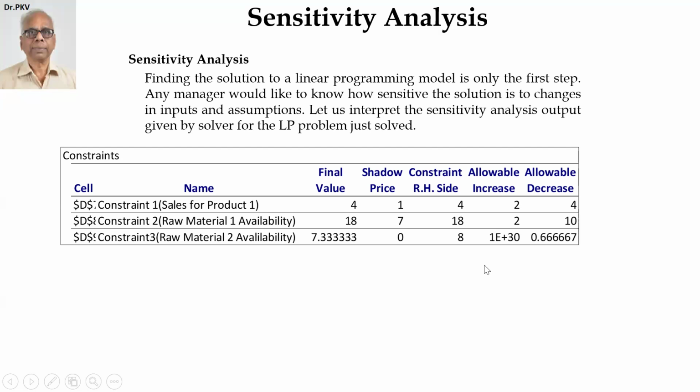The raw material availability can be enhanced to 20 instead of 18 if you can find an additional supplier. Similarly, you can increase the sales for product 1. The allowable increase and allowable decrease is the range in which the shadow price will hold true. It will not hold true beyond this range, and therefore it's important to understand shadow price and its implications.